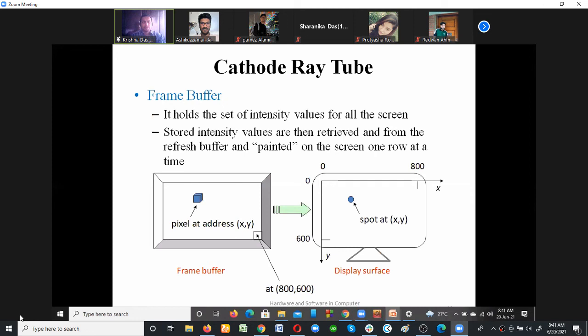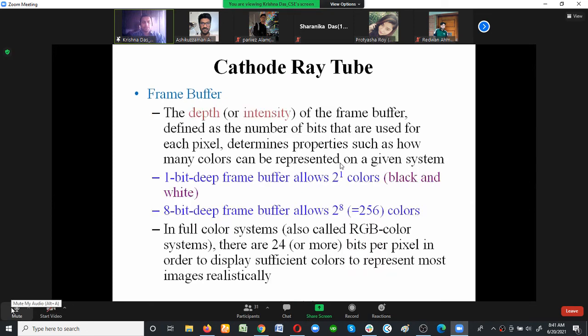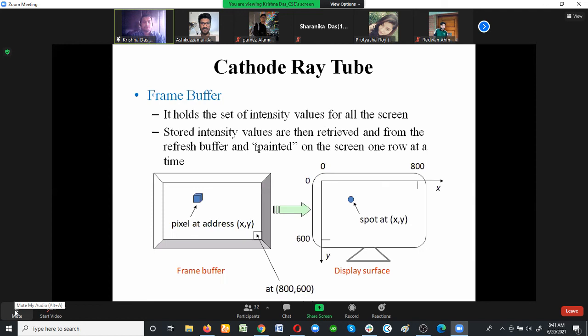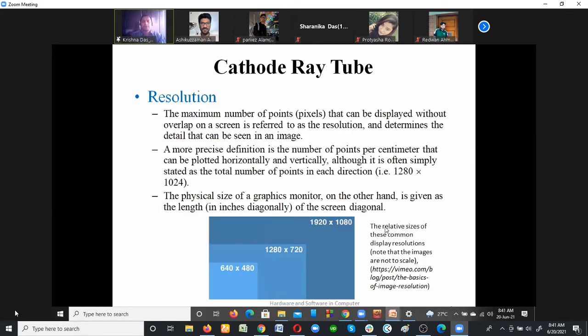So rasterization and frame buffer we have discussed, right? Have we discussed the depth of the color? No, sir, not yet. Okay, so maybe we finished somewhere around here.